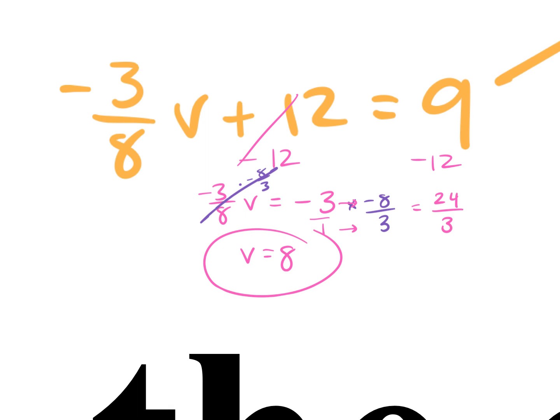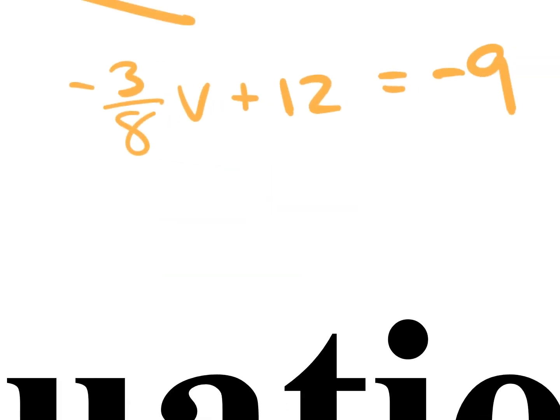We have to do the same exact thing with the other one here. So what would I do first? Subtract 12. So negative 3 over 8v is equal to negative 21. What would I do next?